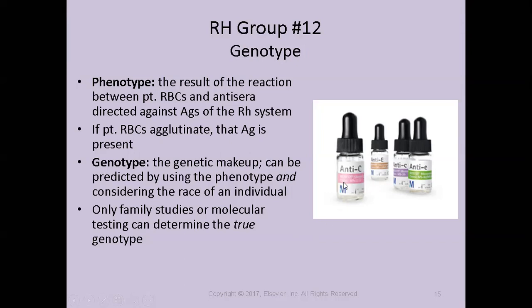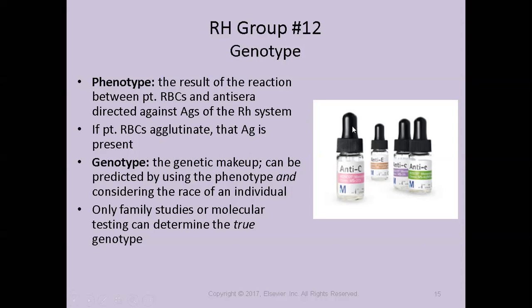And the idea here, this testing would be done exactly the same way that you would do your forward typing with ABO and D, okay? So we'd have a tube for each antisera. We would label them, okay? And so it's 1 drop of the antiserum into its corresponding tube, okay?